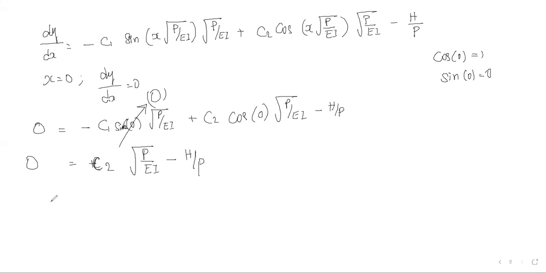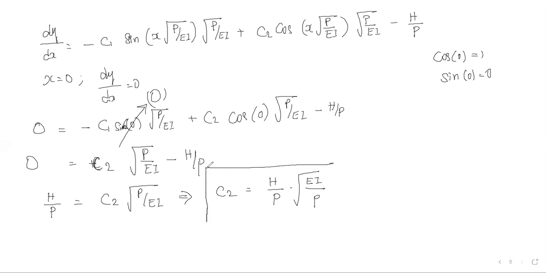I write this as C2 into root under p by EI is equal to h by p, when the term comes to the left side. Now C2 becomes h by p into, since it is a division, root EI by p. So this is the value of C2.